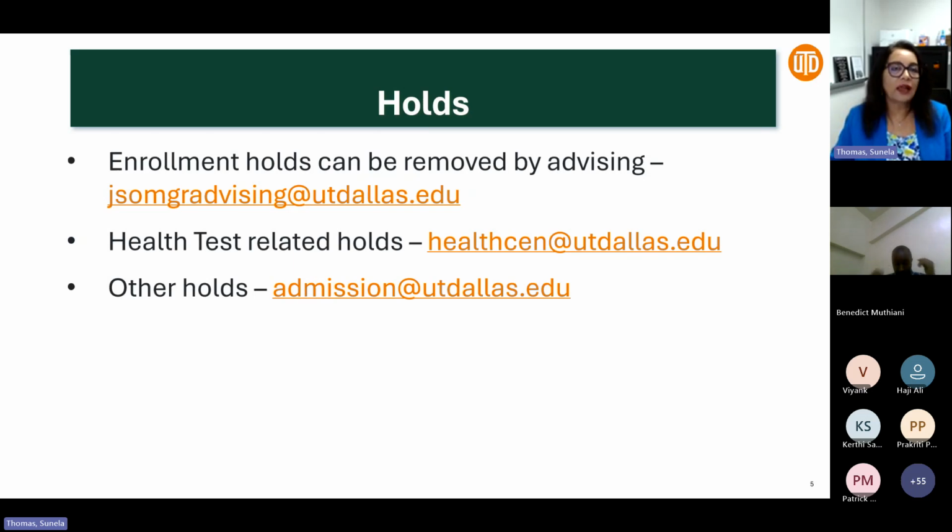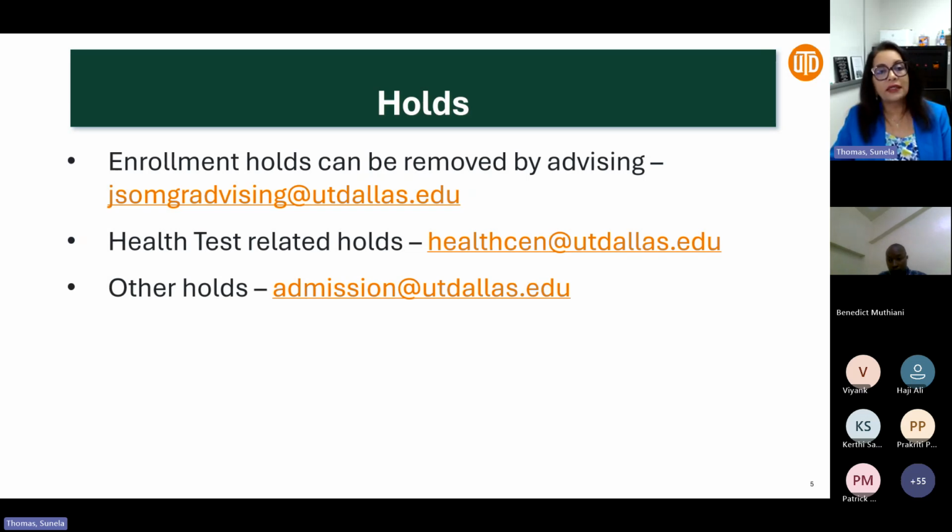The third thing is, when you look at your profile in Orion, in the UTD portal, if you see that you have some holes, or holds, either referring to your enrollment, because our Spring 25 courses are online and available for everybody to watch, even if you didn't have a UTD ID, you can go and look at those courses. But if you feel there is an enrollment hold on your account, reach out to JSOM Grad Advising.